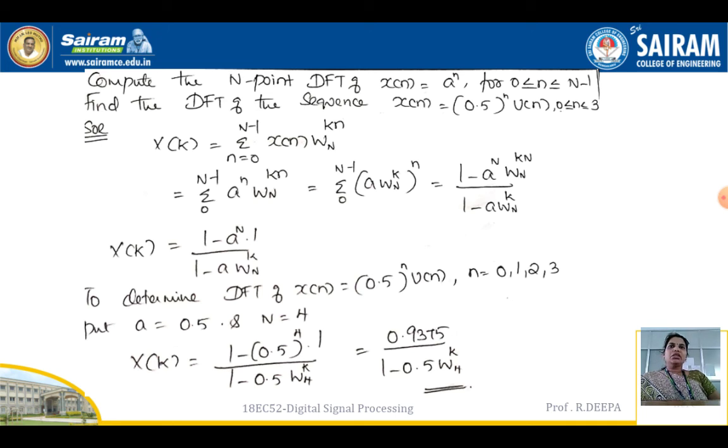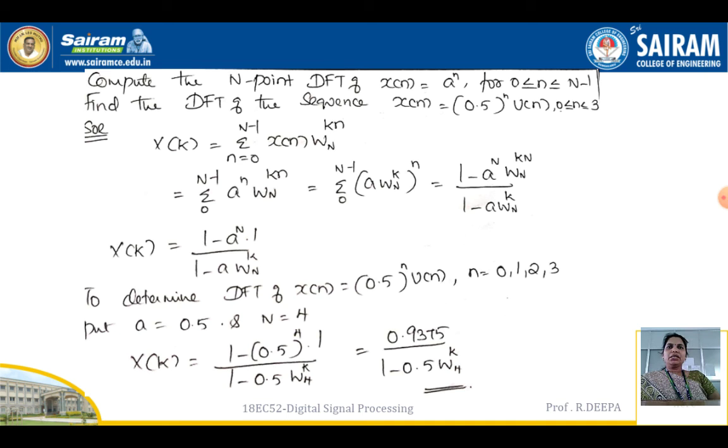So again we have the formula, the infinite sum formula, which is summation 0 to n minus 1 a power of n, which means it is 1 minus a power of capital N divided by 1 minus a. So again I am using the same formula here. So it is 1 minus a power of capital N, right, whole divided by 1 minus a.